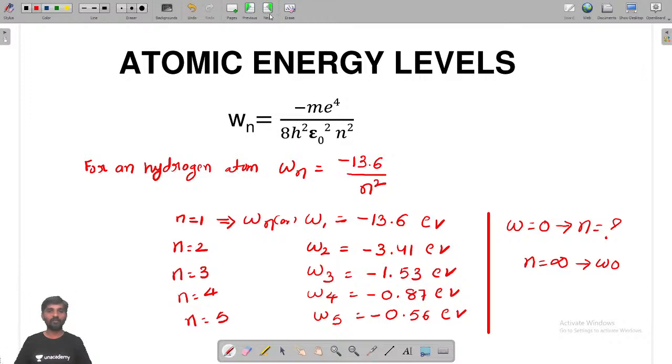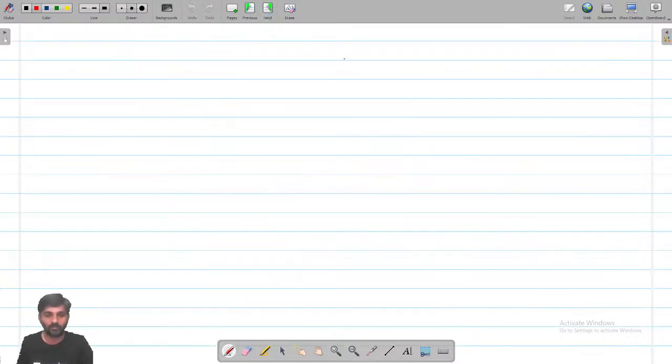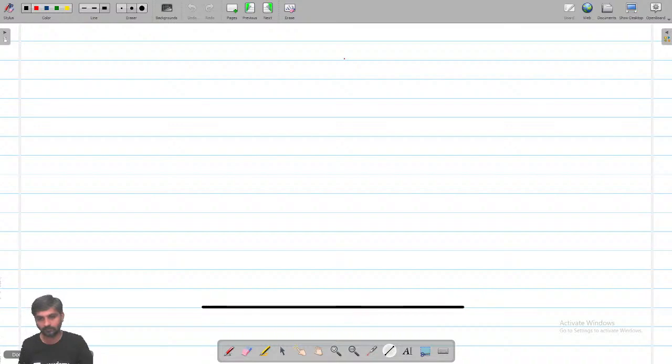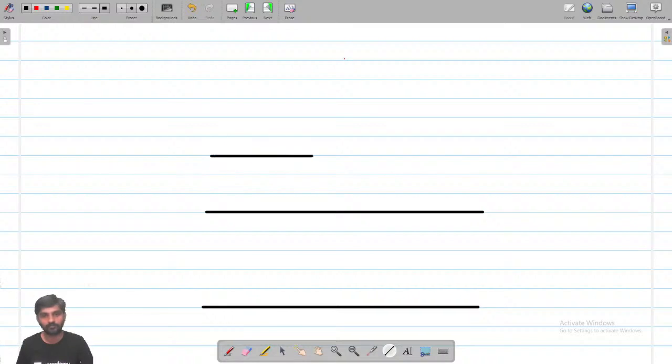Now what we'll do is we'll try to draw the energy level diagram for different values of n. Approximately, I am trying to draw.